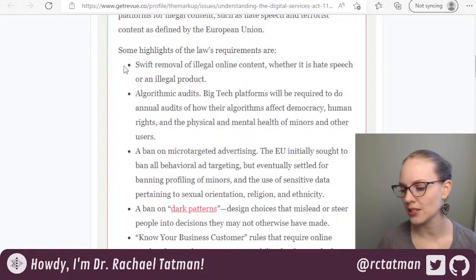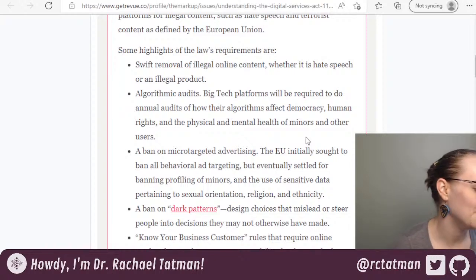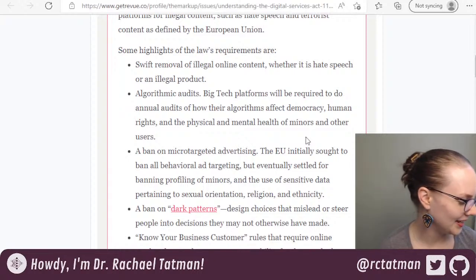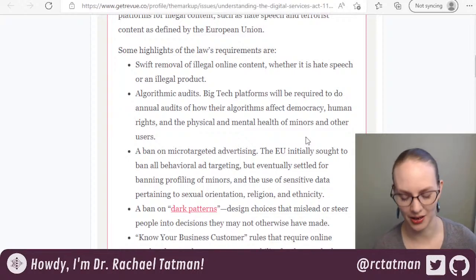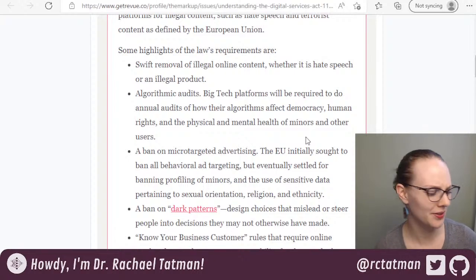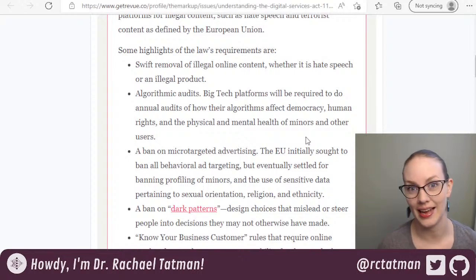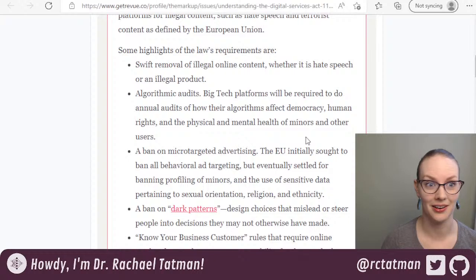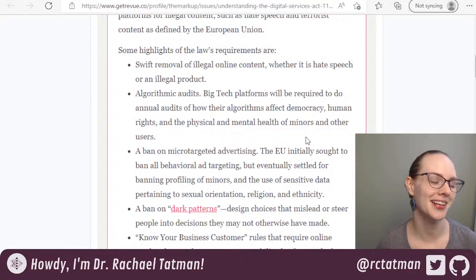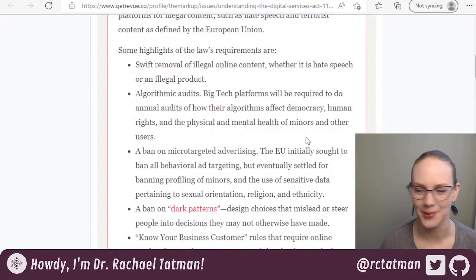Algorithmic audits. Last week we talked about a company that was weirdly promising to be able to tell you if your model was biased in any way. I think they are trying to capture the market of people who are like, oh no, we did not think through what we have done, and now we are legally required to.